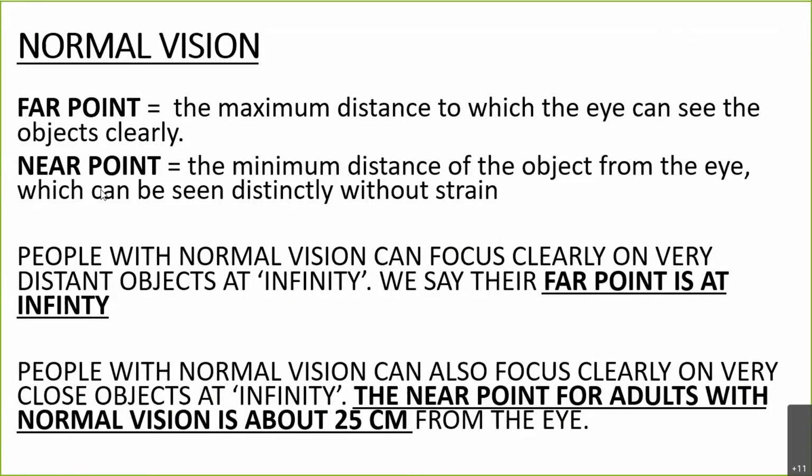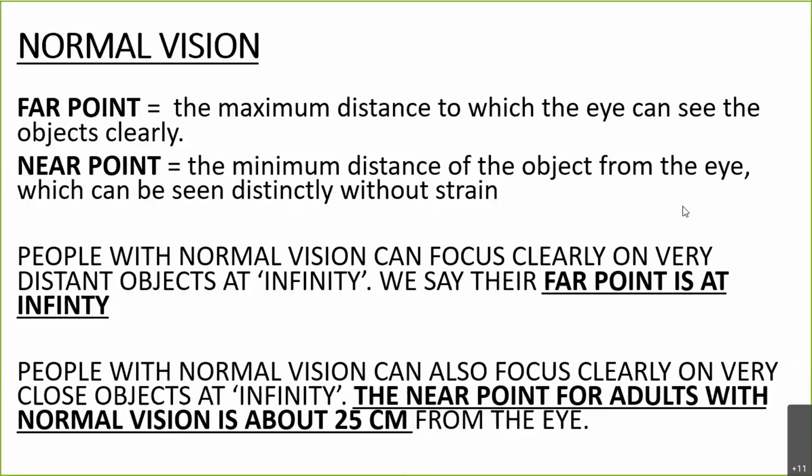And the near point is the minimum distance of an object from the eye that can be seen without strain. So your near point is the closest distance you can see without straining your eyes, and the far point is the farthest distance that you can see an image clearly.